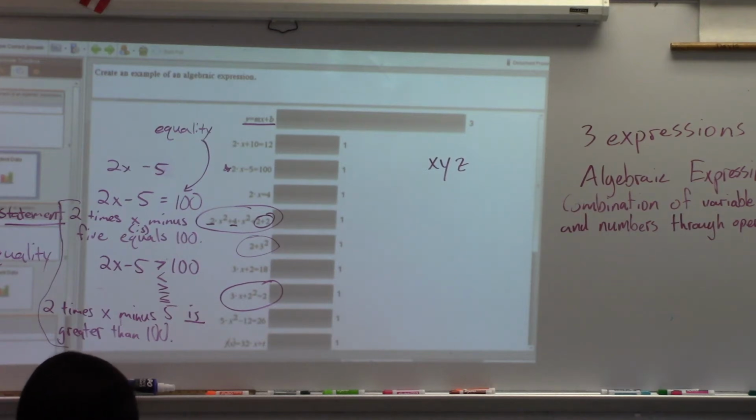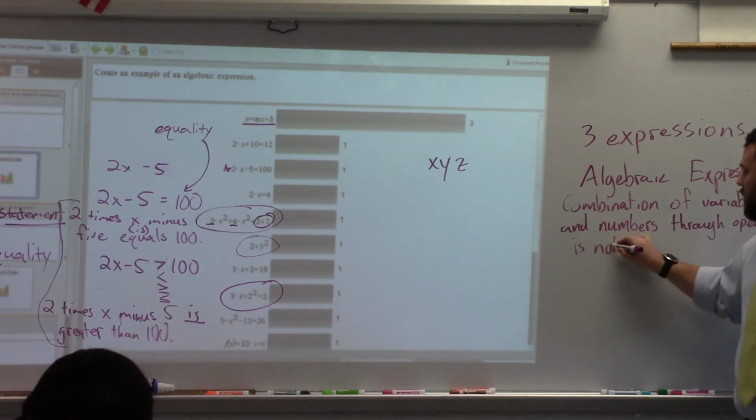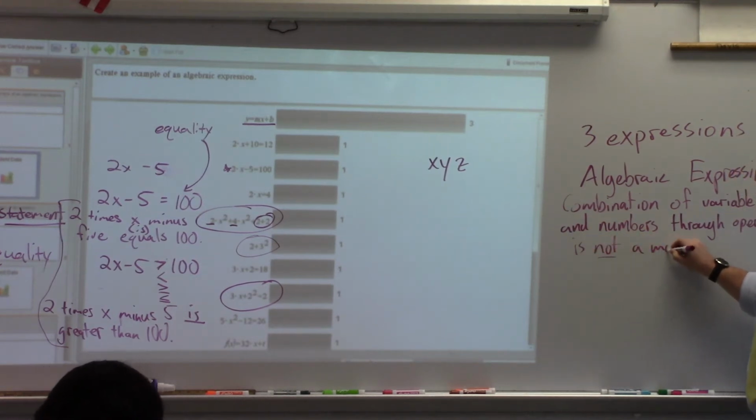So it's a combination that is not a mathematical statement. And if you're already good to go on the fact that a mathematical statement is equality or inequality, you don't have to write it.